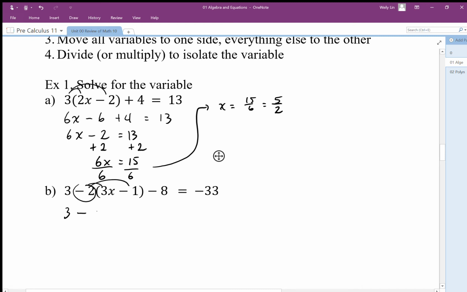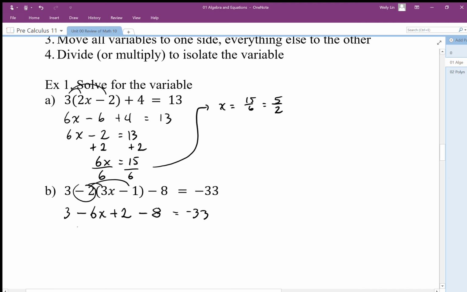We end up with minus 6x minus negative 1 is going to be plus 2. Taking away two groups of minus gives you plus in this case. And again, keeping track of your positives and negatives is really important. That's where most of the mistakes happen, when you lose track of positives and negatives.